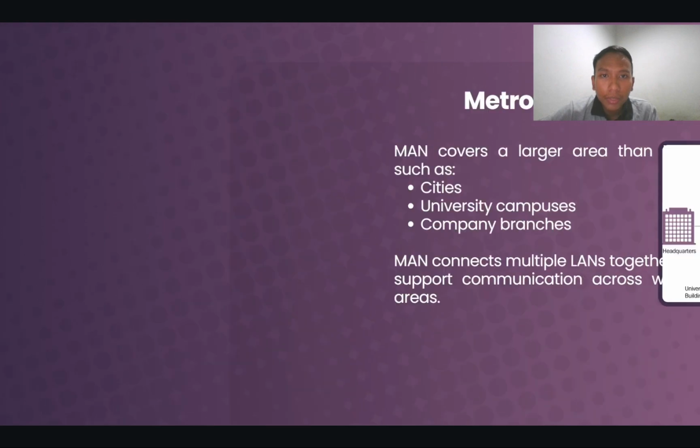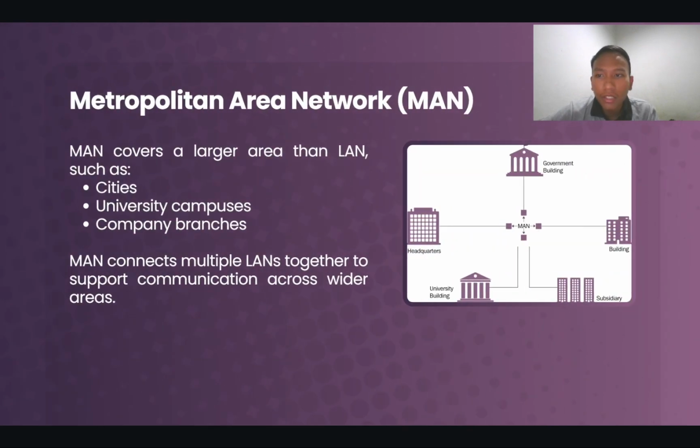The next one, we go to a slightly larger coverage, which is Metropolitan Area Network or MAN. MAN covers a larger area than LAN, such as cities, university campuses, or multiple company buildings. This type of network connects several LAN systems together to support communication across wider areas.